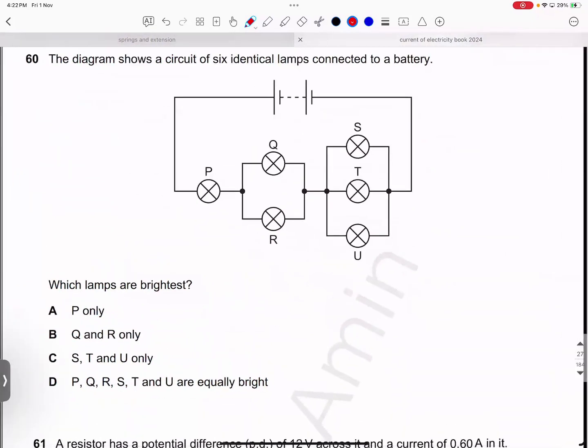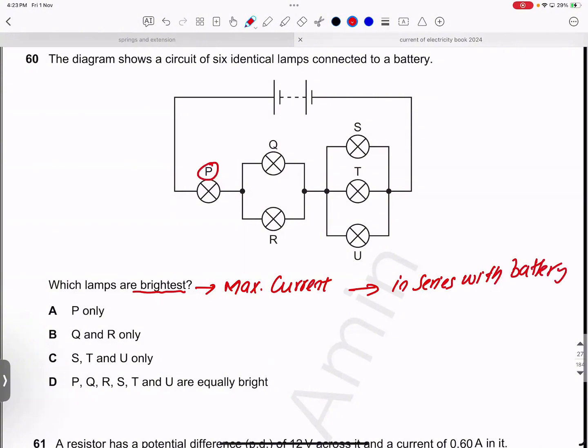Question number 60. Diagram shows 6 identical lamps connected to a battery. Which lamp is brightest? The brightest lamp, maximum current. The maximum current is for that lamp which is in series with the battery. So which lamp is in series with the battery? The lamp P. Why?